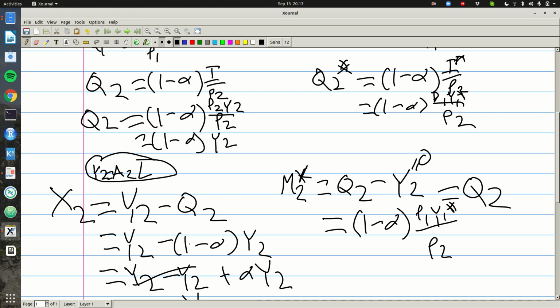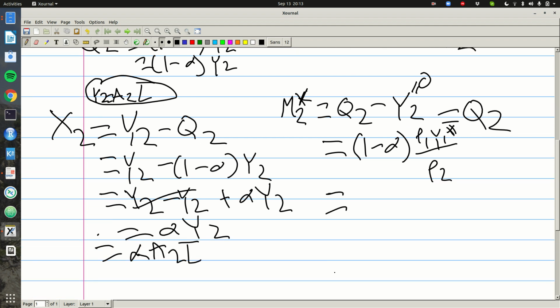And just to simplify down to the fundamentals of the model, I'm going to plug in for Y1 star there, just how I did for foreign's export demand. Note that foreign isn't going to produce any of good 2, so Y1 star is just going to be equal to A1 times foreign's full population.